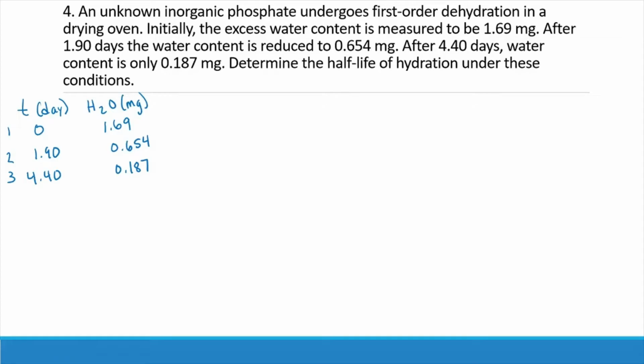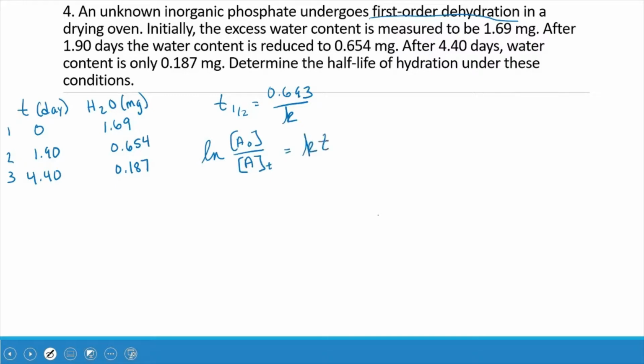So we're told it's first order dehydration, which helps a lot also. So that tells us that the t1/2 of a first order reaction is equal to 0.693/k. And we also know that the natural log of A0, our initial concentration, over our concentration at a certain time, is equal to kt.